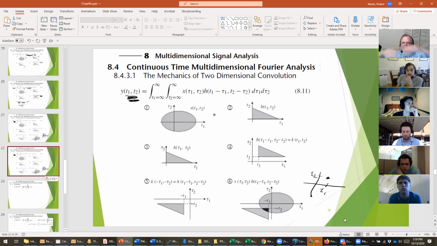So when you do that, let's say for a certain set of values for T1 and T2, you get the value of the circle function or oval function at 0, 0. And let's say you get that for 2 different sets of T1 and T2. If this is just a binary function. No, it isn't. The original function is binary, but the convolution is not.